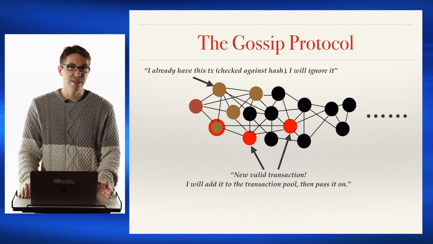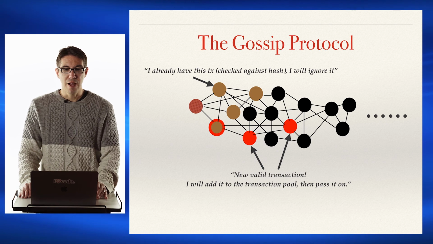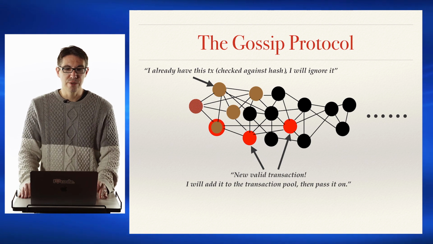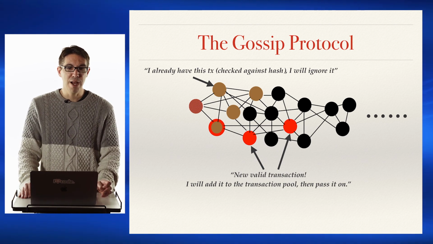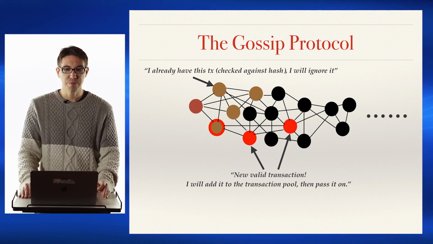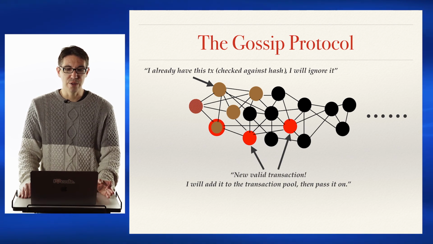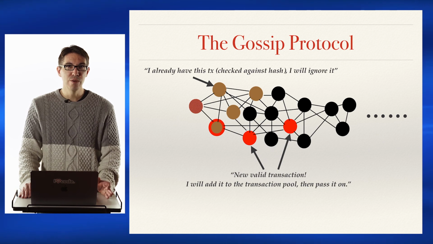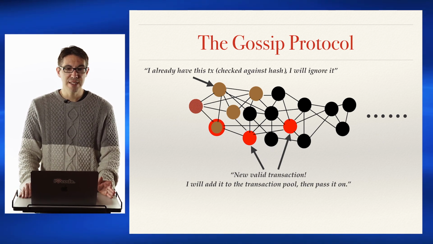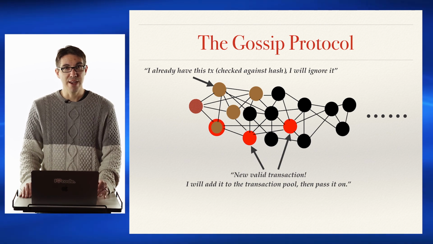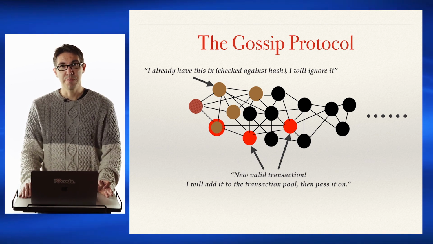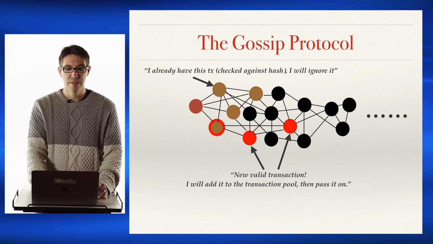It's not going to send this transaction back to me. The other gold node that it points to was also a peer of mine, so it's going to ignore that hash. However, the two red nodes both see a new valid transaction they hadn't seen before. So they're going to add it to their own transaction pool and then pass it on to any of their peers, aside, of course, from the peer that just sent it to them, the red and gold node.